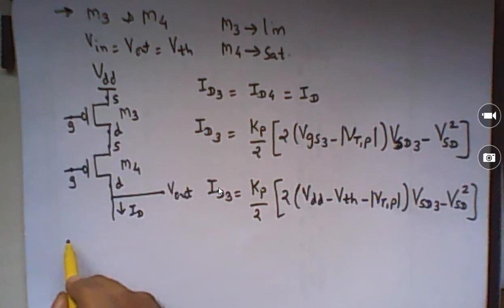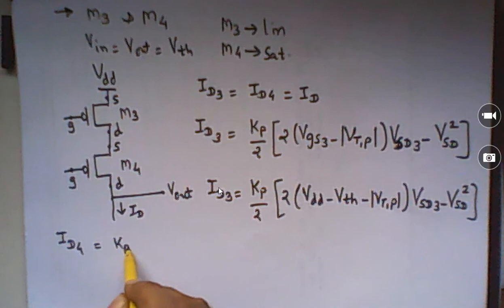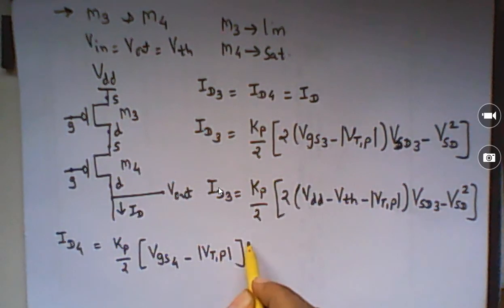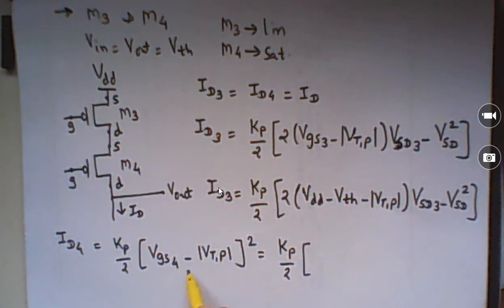Similarly, let's find ID4. ID4 operates in saturation, so it is Kp by 2 into VGS4 minus the magnitude of VTP, squared. VGS4 we can write, taking the negative common, as Kp by 2 times VDD minus VTH minus the source terminal voltage of M4.